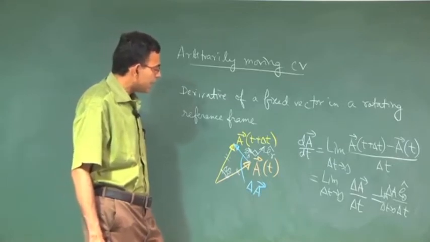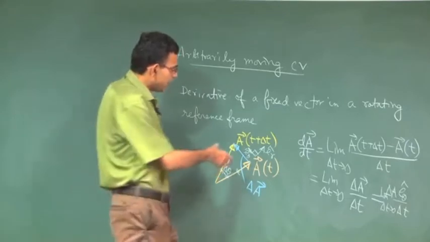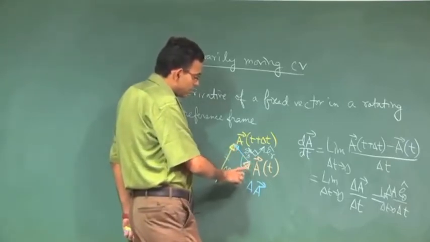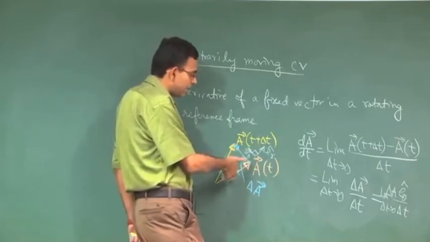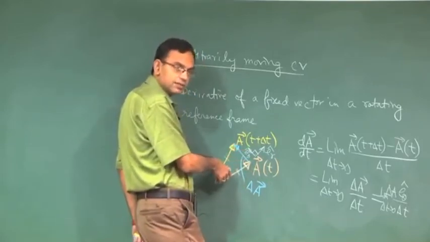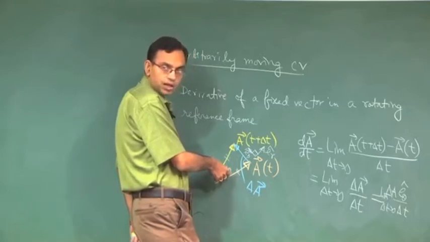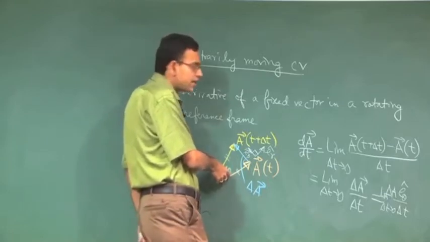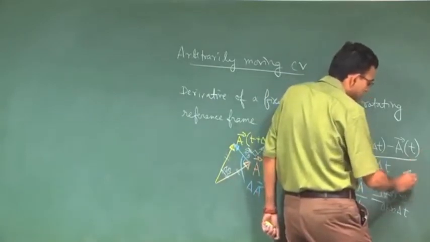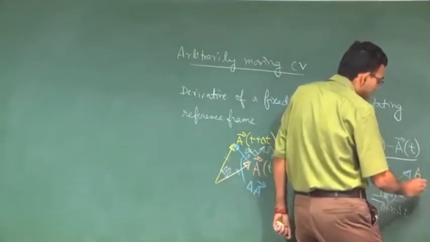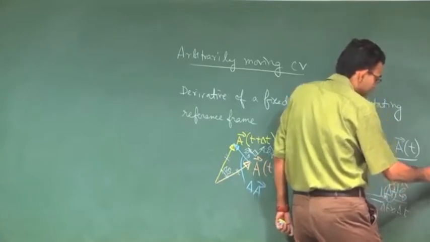Now what is delta A? If you consider this angle to be roughly 90 degrees, delta A by A is tan of delta theta, and because delta theta is small, tan of delta theta is as good as delta theta. So delta A will be A delta theta.